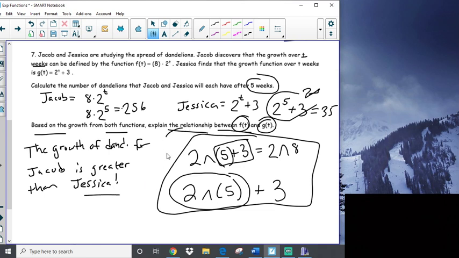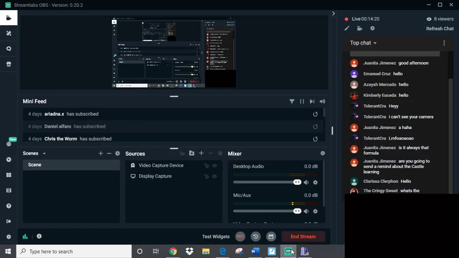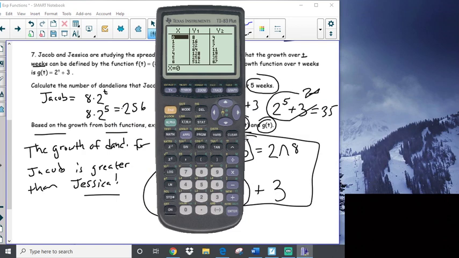All right, now let me show you this, so you understand what I was trying to show you here. Let's go to the calculator. What happens if I put plus 3 all in parentheses and I go to the table?